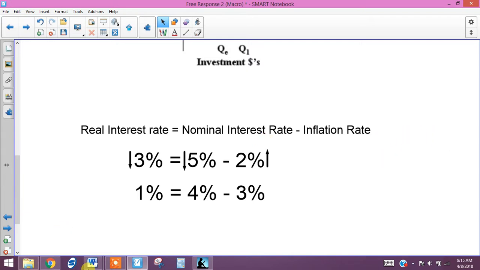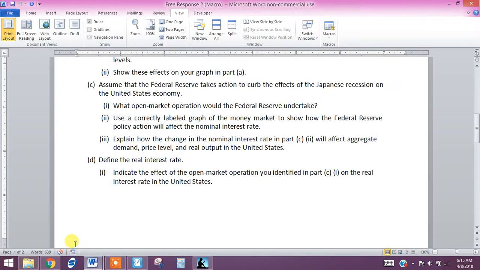And then it asks you one more thing, and that is to indicate the effect of the open market operation you identified up here in part 1, which is purchasing bonds, on the real interest rate in the U.S.